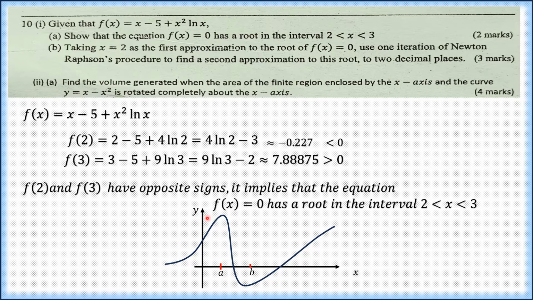This is above the x-axis. Now the value of f of b, which is here, is a negative value. That's why it is found below the x-axis. So you can see clearly that since one is positive and the other one is negative, the curve has crossed the x-axis between a and b.